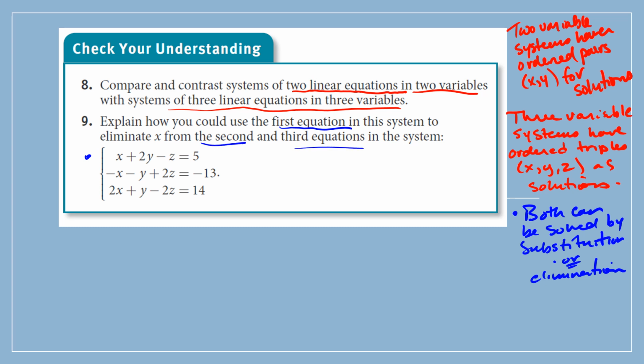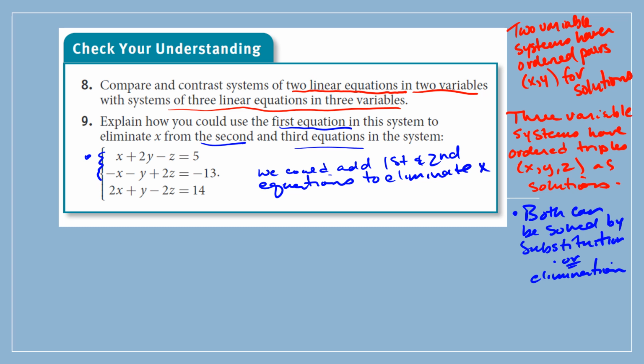To eliminate x in the second, if we just use the first and the second, we could add the first and second equations to eliminate x, because the x's are already opposites. You would eliminate it in the first. We'd have a resulting different equation, right? But we're talking about eliminating it from this one and this one.